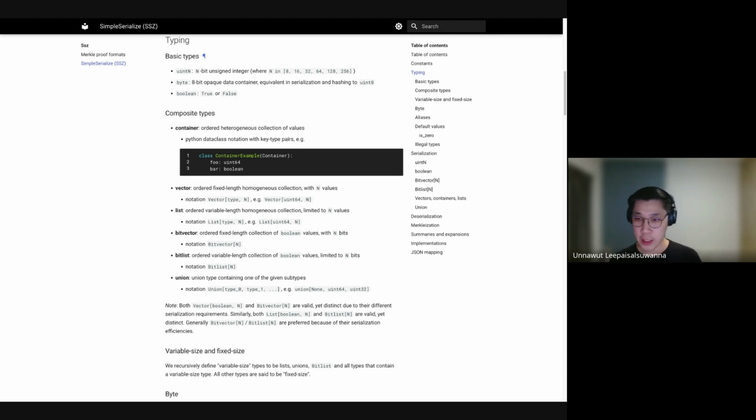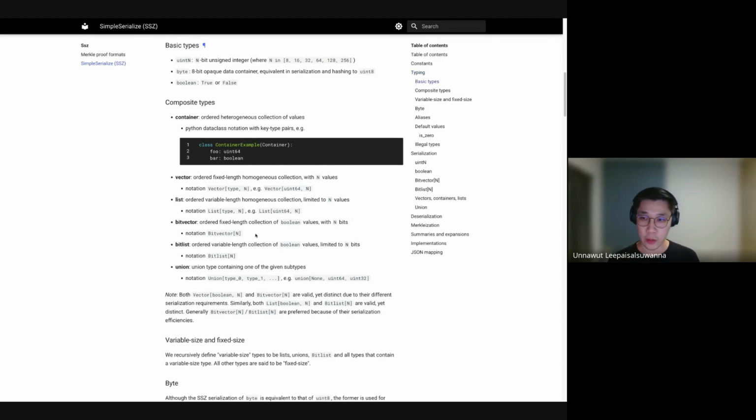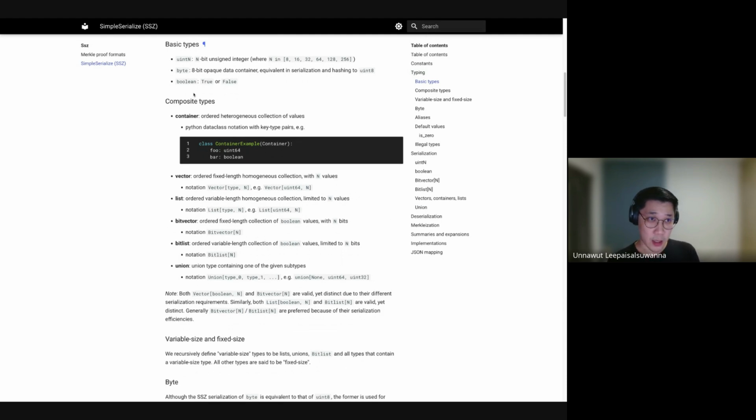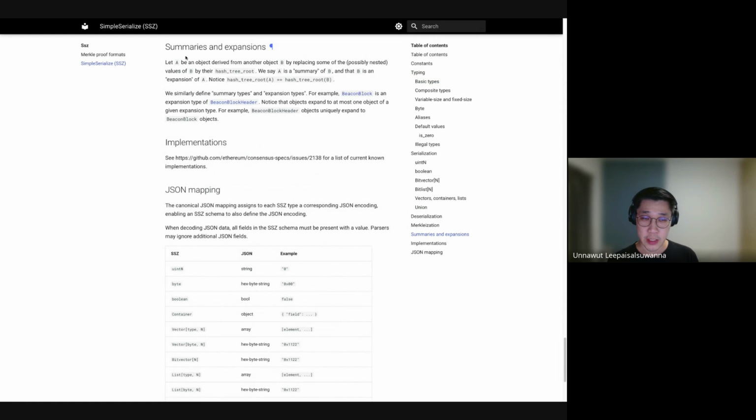If you have, say, 4 chunks, then you Merkleize each of the 2 pairs, and then you Merkleize them again. So in the end, you are able to Merkleize all the data inside the simple serialize into a single Merkle root.